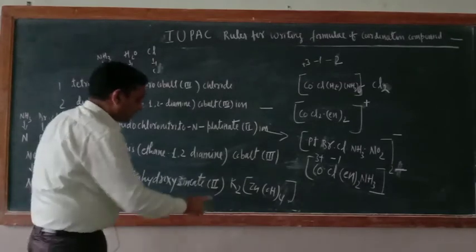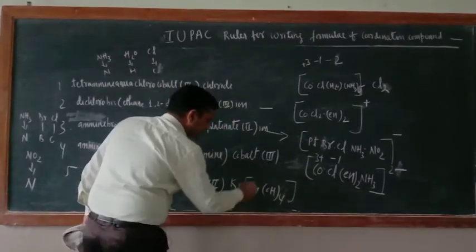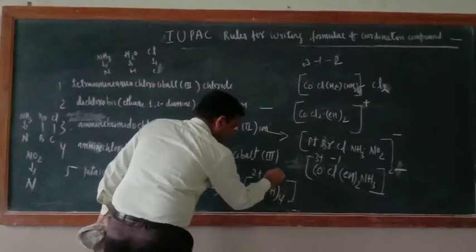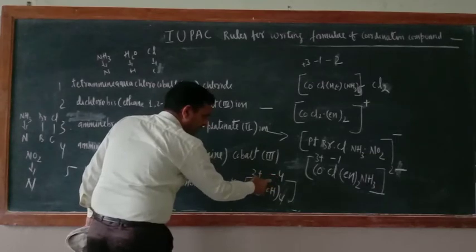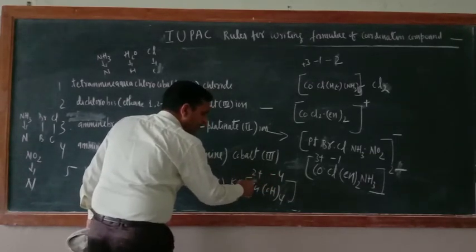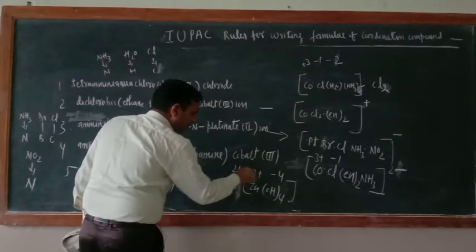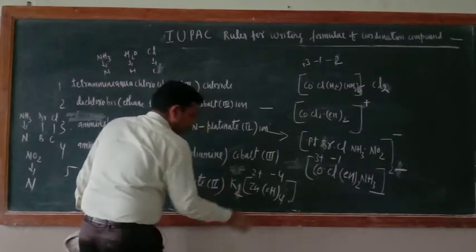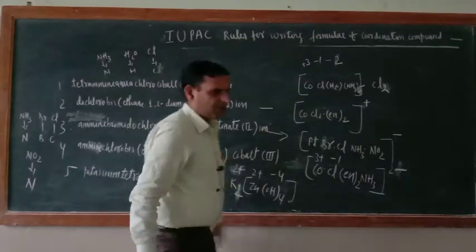Otherwise their number also you can calculate. Let us see the total number of positive charge. Here 4 minus should be equal to 4 positive. So if 2 positive is there, then only it will work. So put here K2. Now it is also 2 positive only. In this way you can do this one.